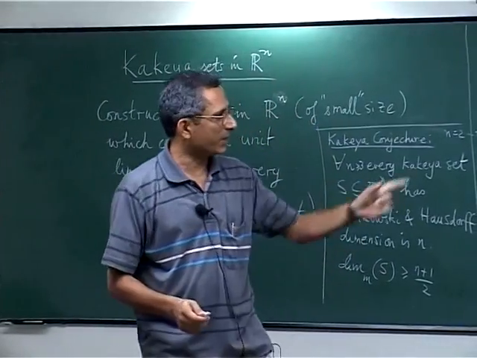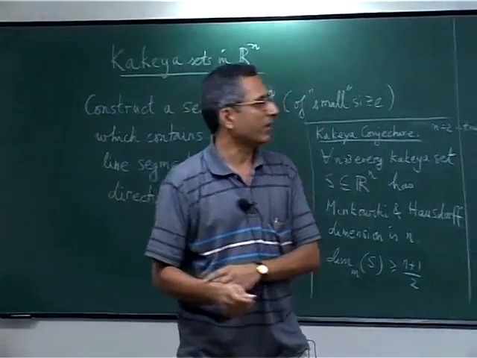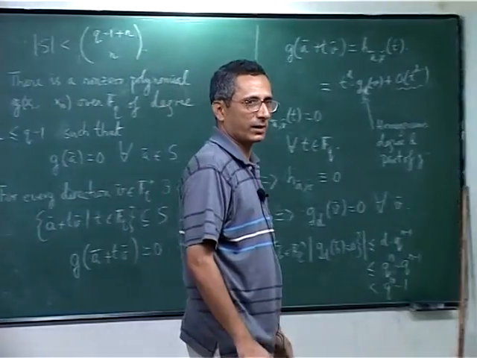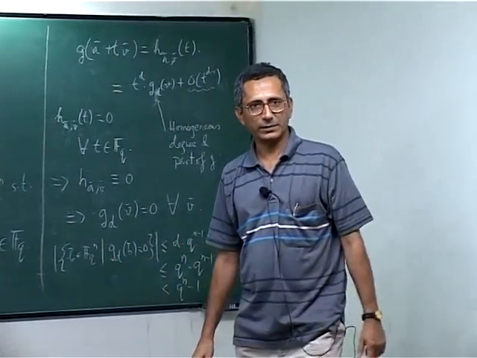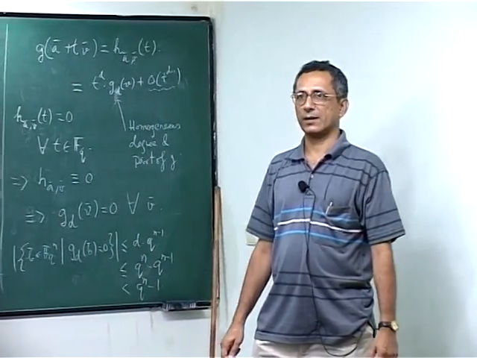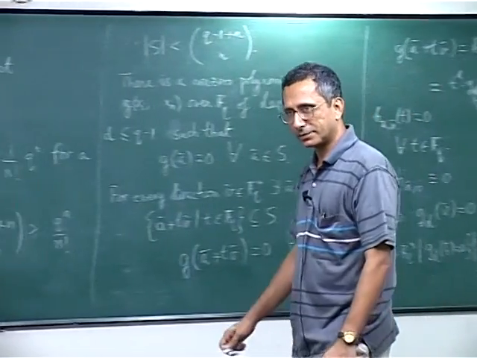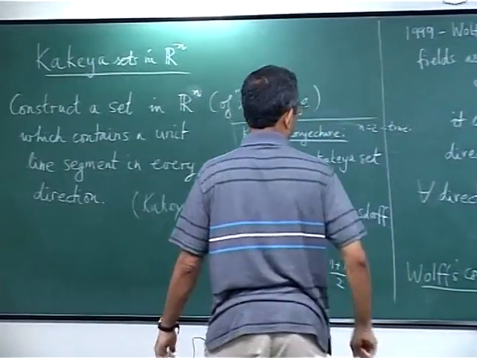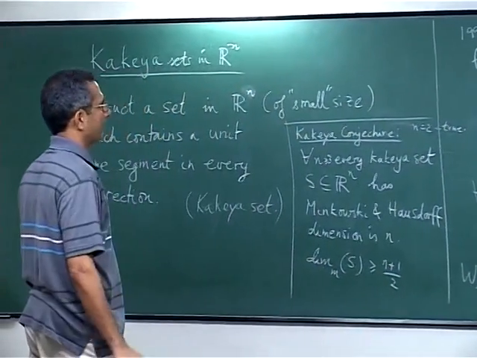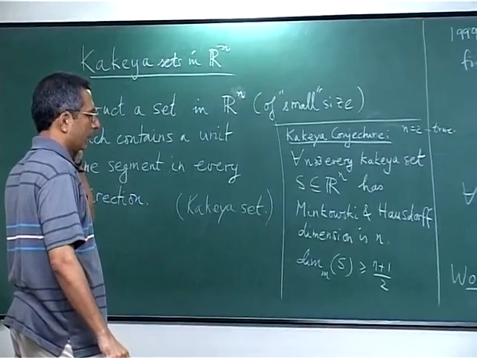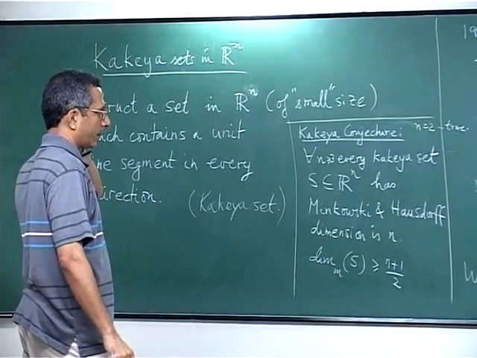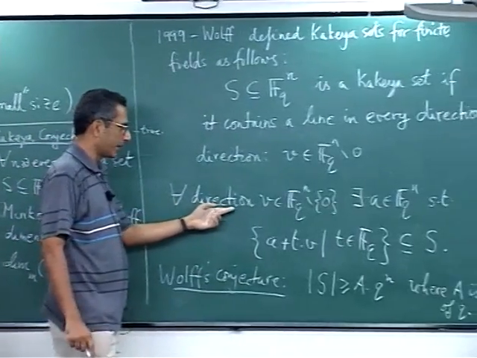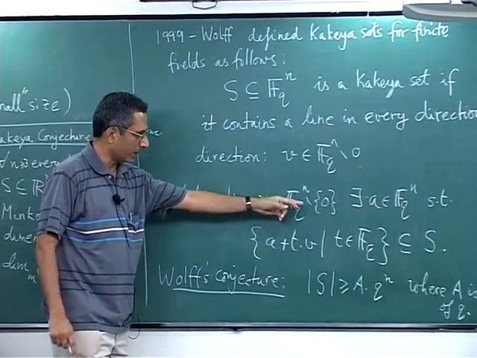G_D cannot have that many zeros. It can't vanish at all the v̄'s. Let's spend a moment on the fact that I said all directions other than the all-zeros vector.